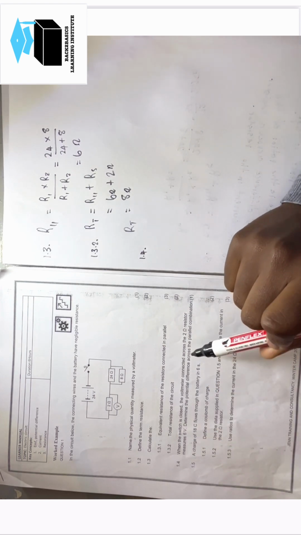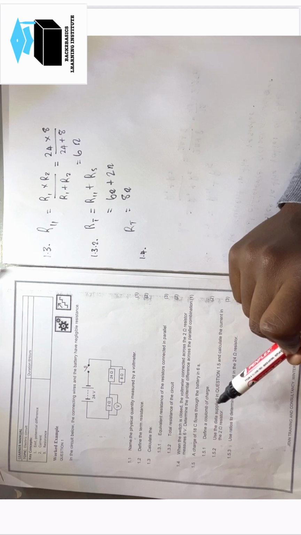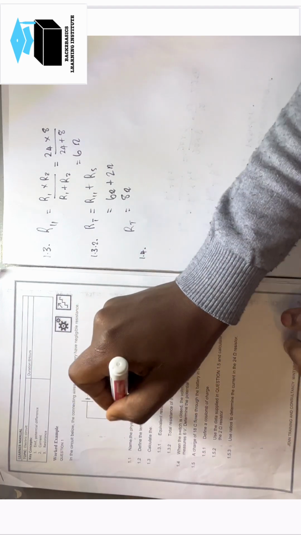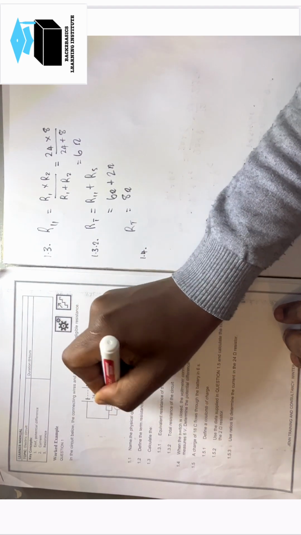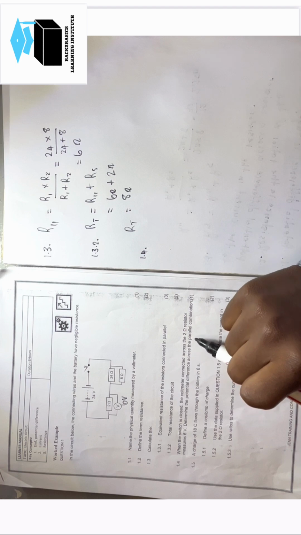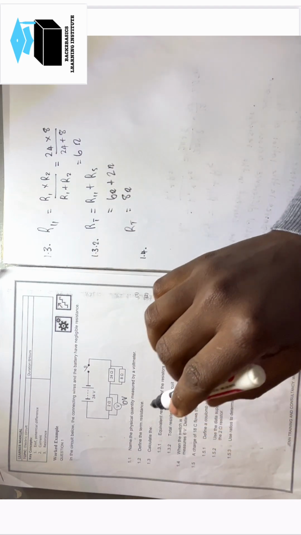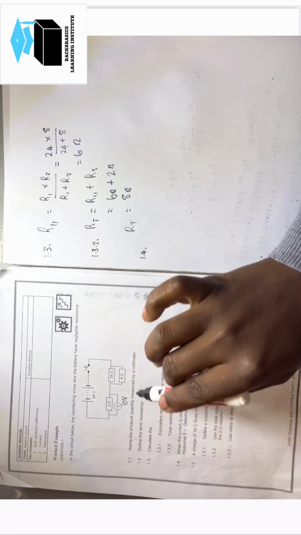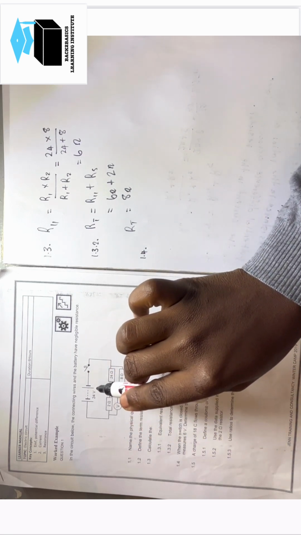Okay, now let's look at 1.4. When the switch S is closed, the voltmeter connected across the 2 ohm resistor measures 6 V. Determine the potential difference across the parallel combination. You know that across the entire circuit you have 12 volts.